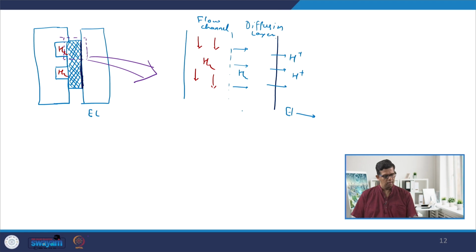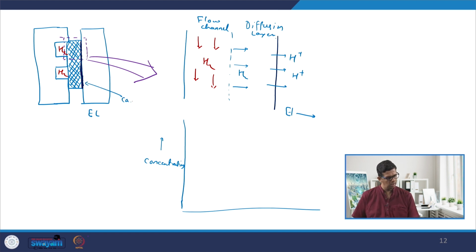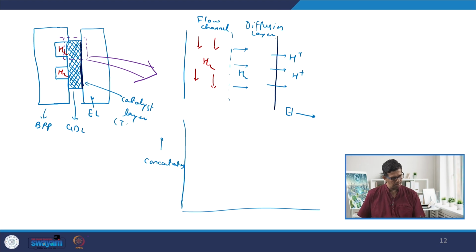So, if I show this phenomenon with respect to concentration, this is the concentration. Let me write, this is the catalyst layer, this is electrolyte, this is GDL, and this is bipolar plate, and I mean to say this is the triple phase boundary. Catalyst layer is nothing but triple phase boundary.